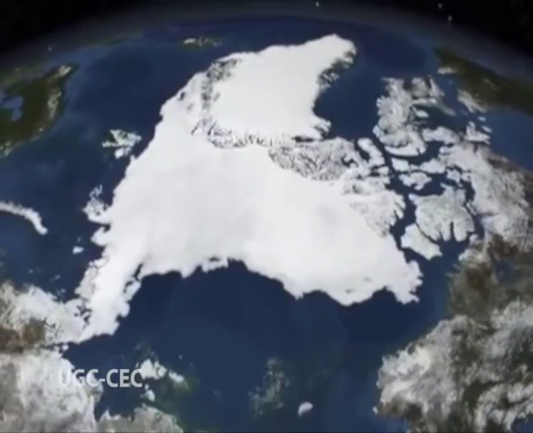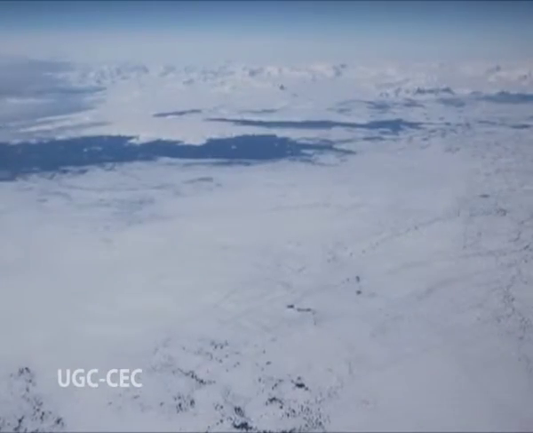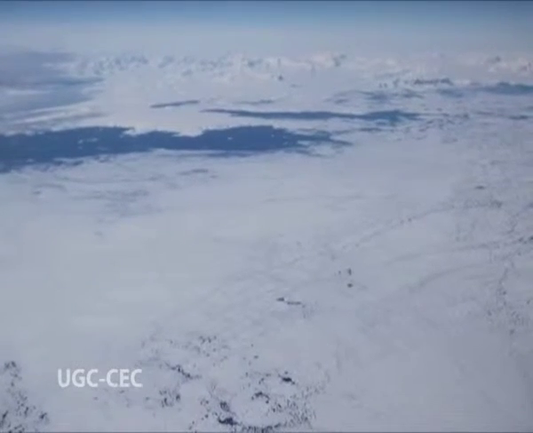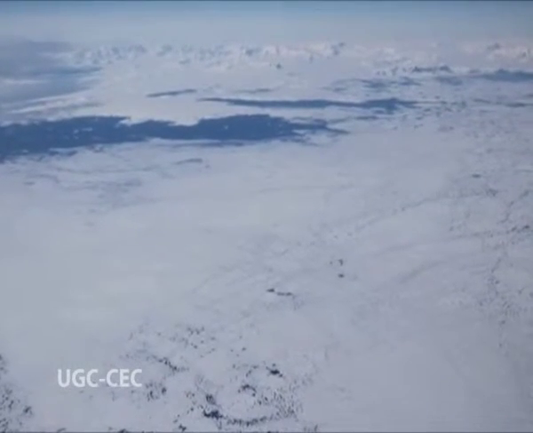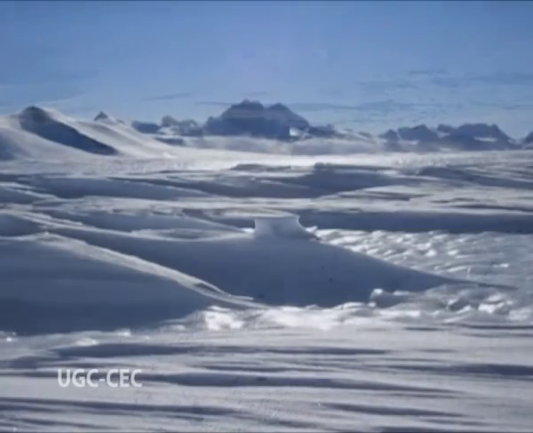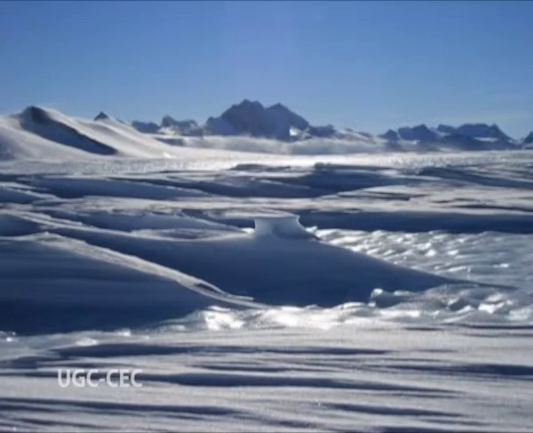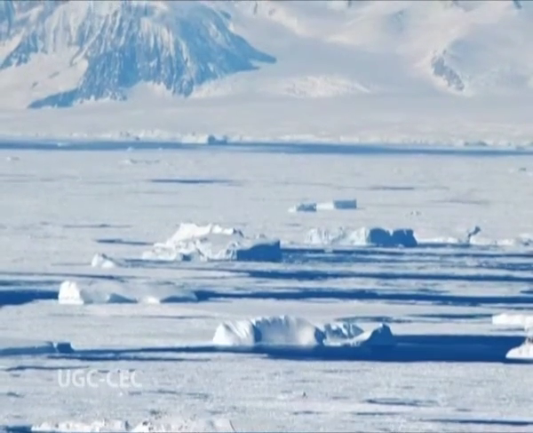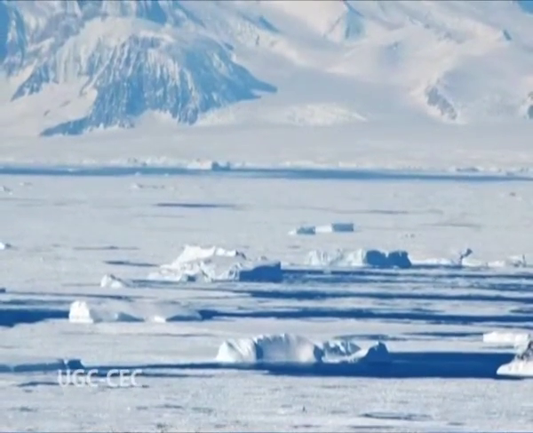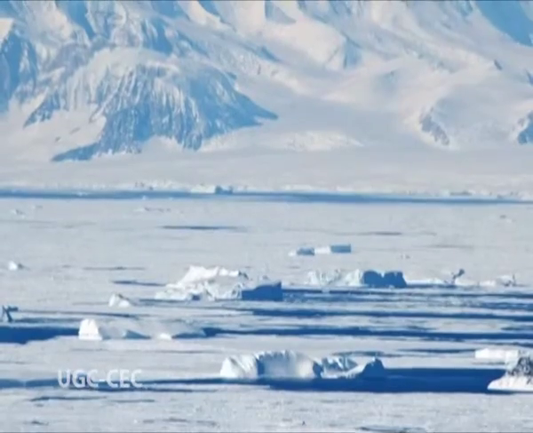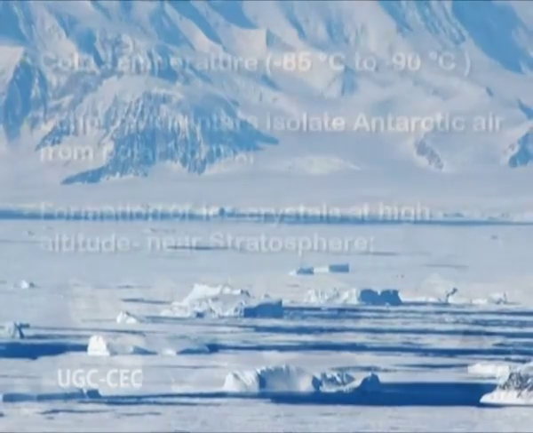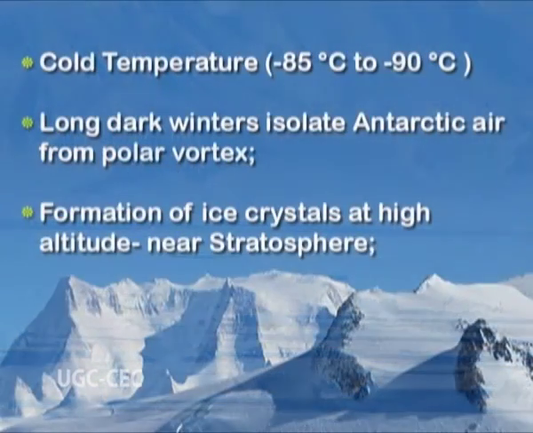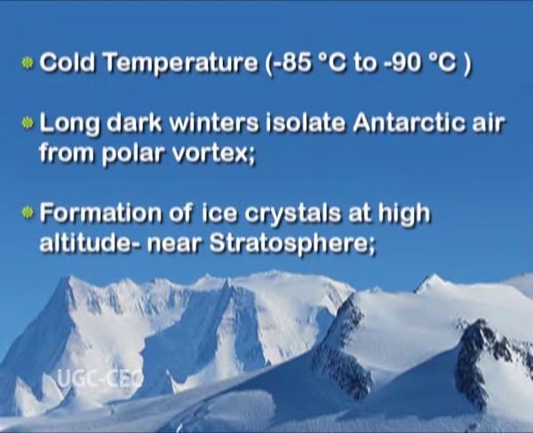Because of long cold winters in Antarctica, where temperatures can go as low as -85 to -90 degrees centigrade, the Antarctic air forms a polar vortex, which results in the formation of ice crystals at high altitude near the stratosphere.